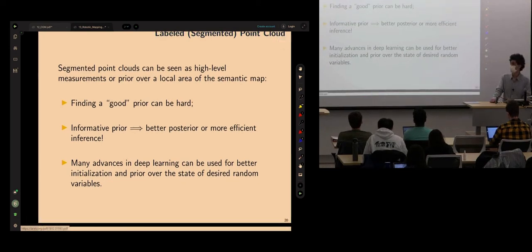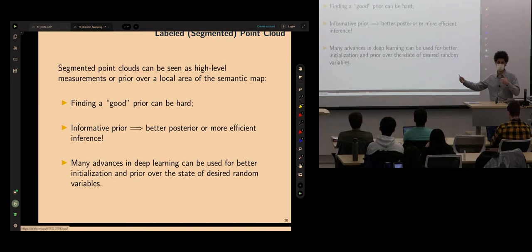Obviously, if the labels are noisy, as they will be if you're training a network and want to deploy it, then single-frame decision making based on the prediction of a neural network might be unreliable. Whereas this multi-frame accumulation of the labels in this counting model will make the scene segmentation more reliable, because now we look at a window of time and the frequency of labels that we observe.